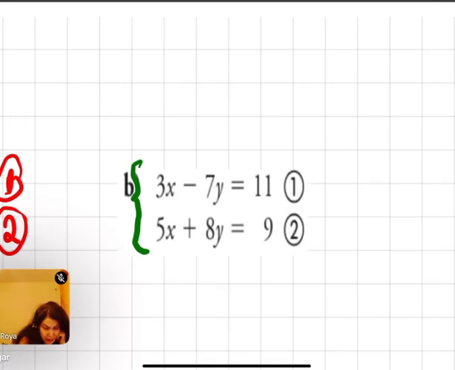Whatever number you have here, the coefficient of x and the coefficient of x, on top. We can put this coefficient on the bottom, so it's going to be 3, and the other one on the top, which is going to be 5.